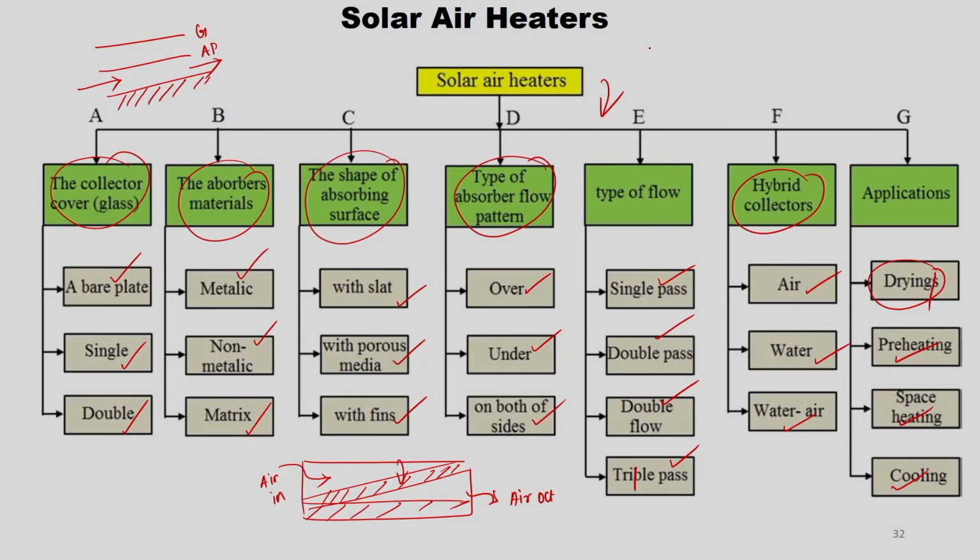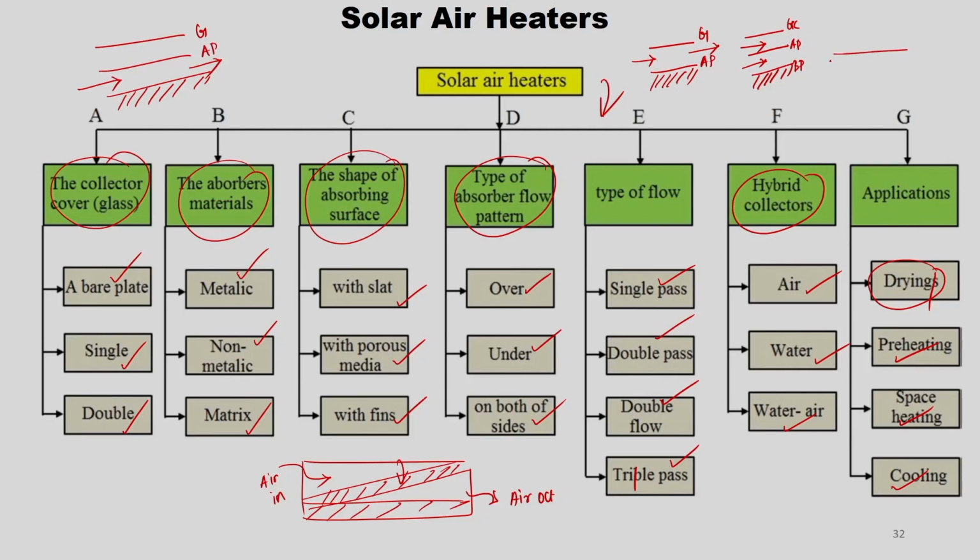Another way may be this is the glass cover, this is the absorber plate AP, through which the flow happens. Below the absorber plate you will have insulation. Other than that, you have the glass cover, the absorber plate and then a bottom plate where insulation starts. So, your air can flow both above and below the absorber plate.